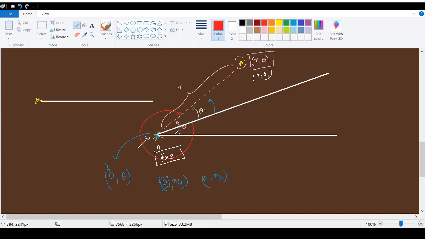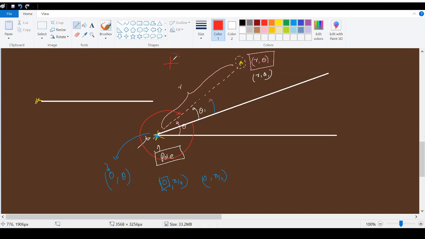That is also possible. So the convention is the anti-clockwise direction, that is the direction opposite to the movement of the clock.